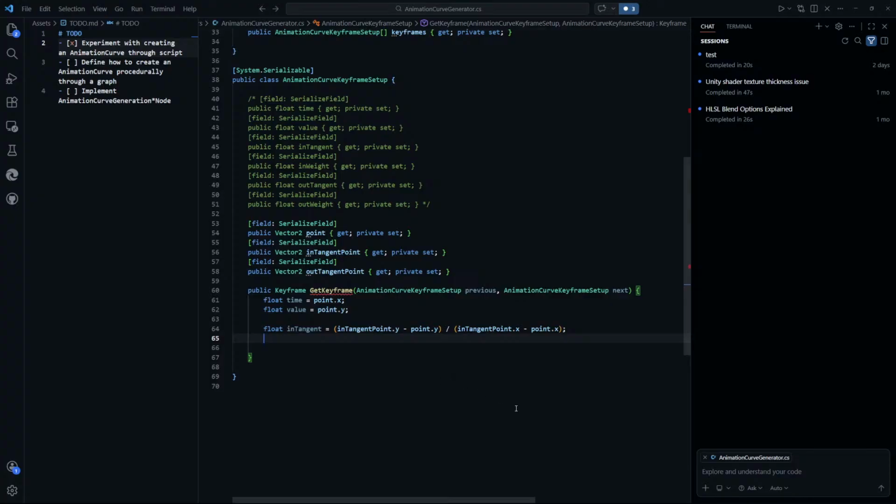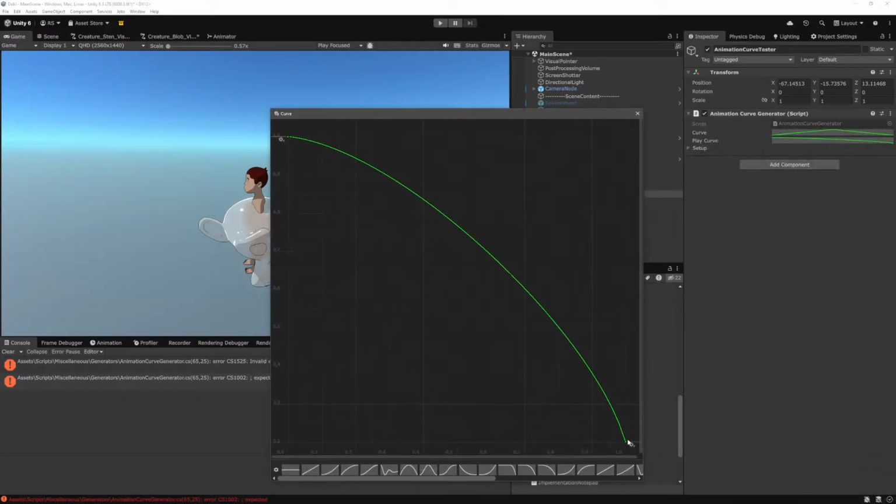And then when we calculate weight, that's when we need the previous point. Because then we want to take... So this weight is... We want to take the length in x between this point and this point, which is 1.